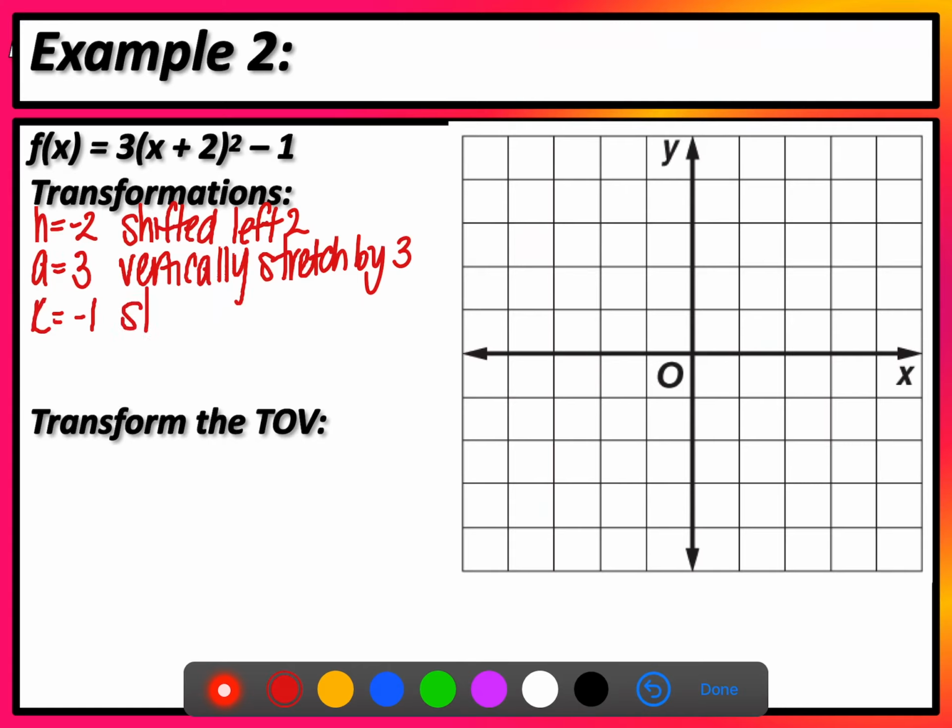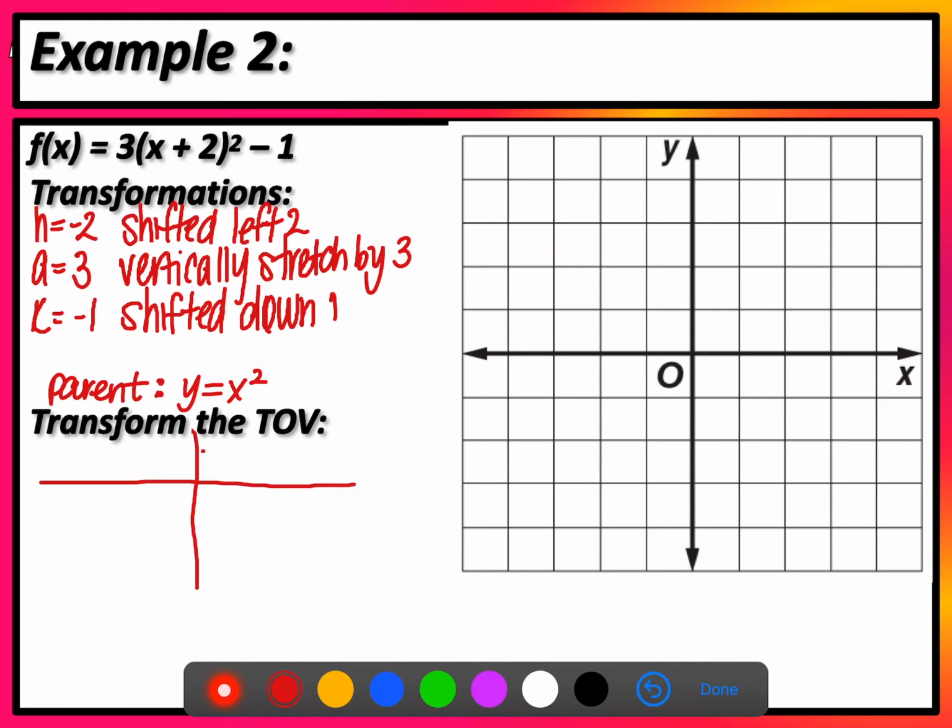And then I have a k of -1. So this is shifted down 1 unit. Okay, and the parent here is going to be y equals x squared.